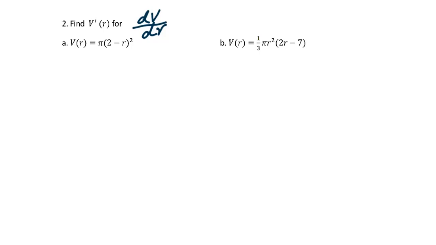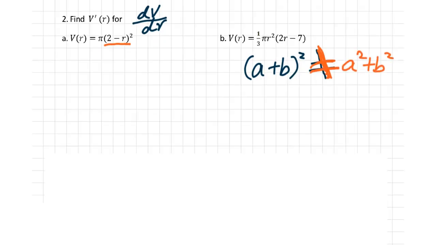So we see for A, we have 2 minus r squared. Think about A plus B squared. Remember, it's not equal to A squared plus B squared. So what's A plus B squared?